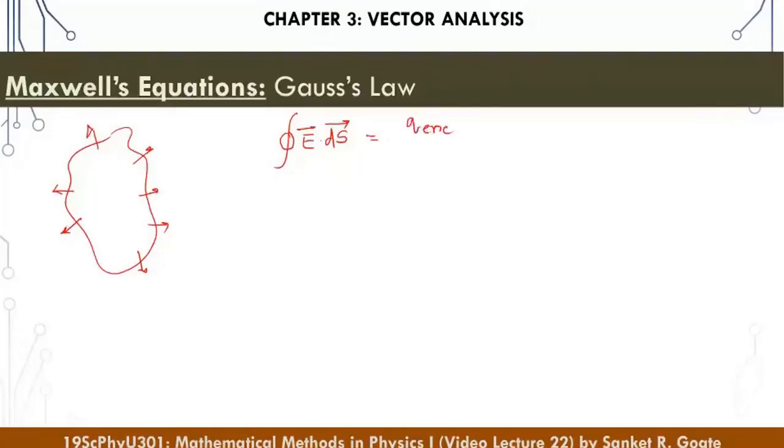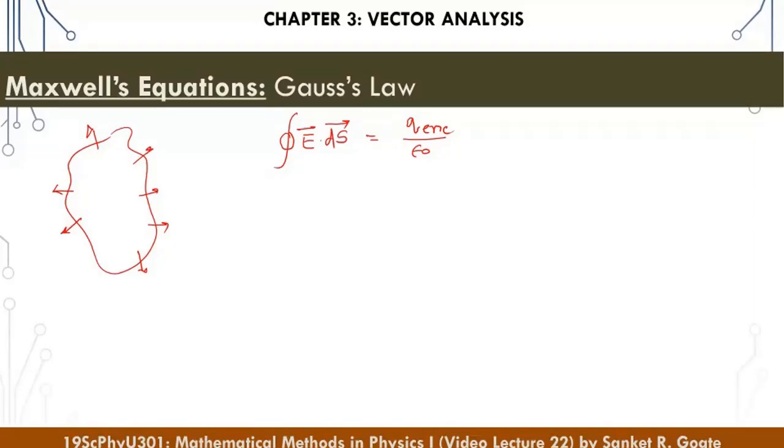So the net charge enclosed by that surface, irrespective of the position of that charge, as long as that charge is enclosed by this closed surface, then this is the equation for Gauss's law. This E dot ds over a closed surface is equal to Q enclosed divided by epsilon 0, right?